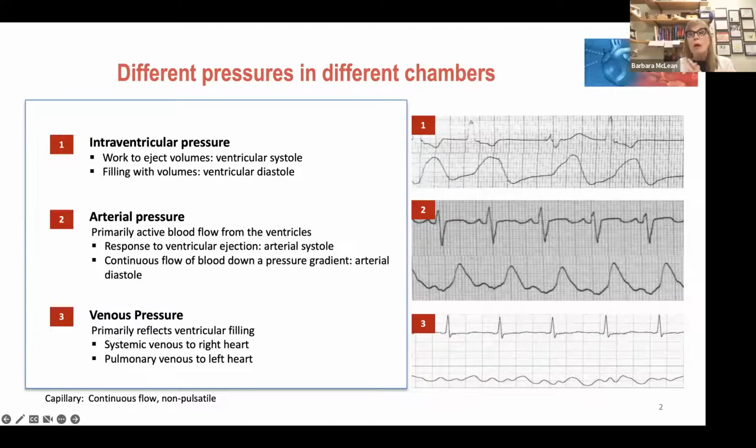And then another concept, which you only monitor when you are inserting a PA catheter, or inadvertently if you have a PA catheter, unless you work in the cath lab, in which case you can monitor left ventricular pressure. So in the ICU, when you're placing a PA catheter, you can monitor right ventricular pressure as the catheter passes through the right ventricle, or you might be monitoring it inadvertently. Not on purpose, but maybe the catheter tip is in the RV and you're monitoring ventricular pressure.